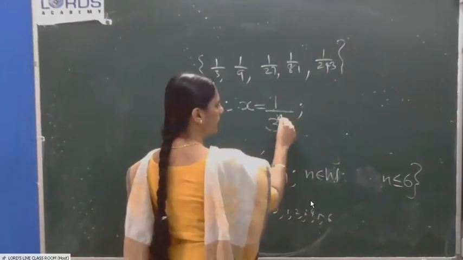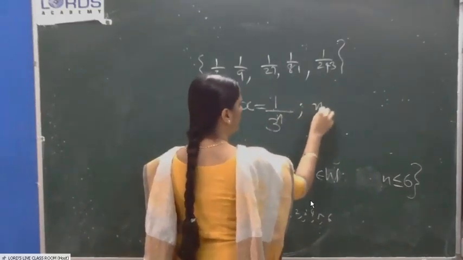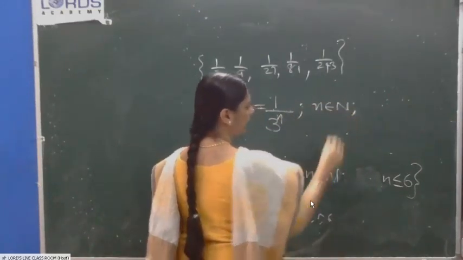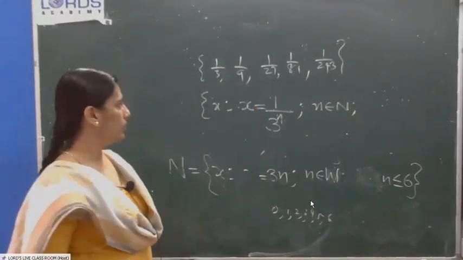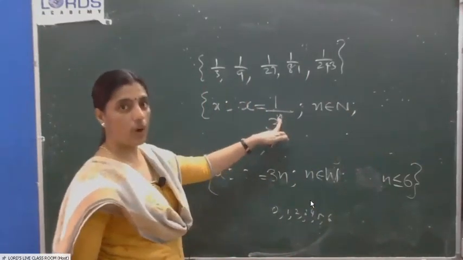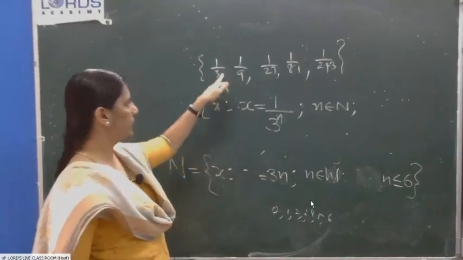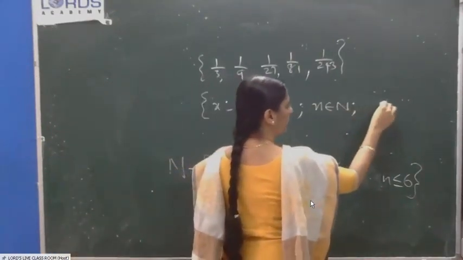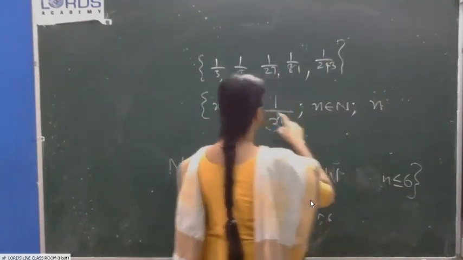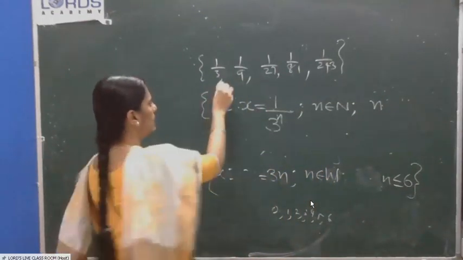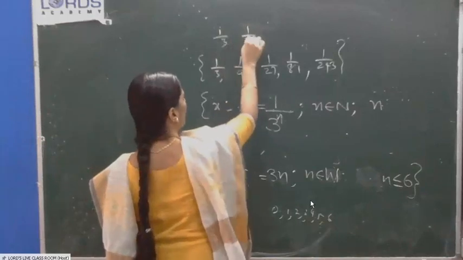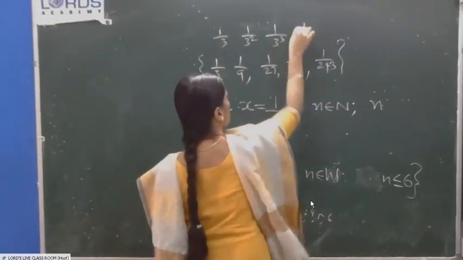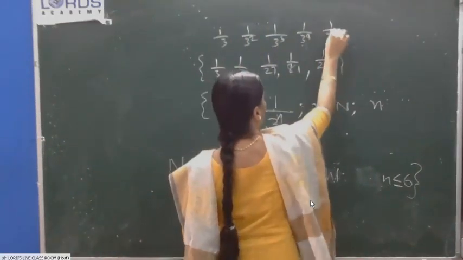Now you will tell the speciality of n, where n belongs to natural numbers, 0 is not coming. So natural numbers, n starts from 1, 1 by 3 raised to 1, 1 by 3. But which all n we have to take? This is 1 by 3, this is 1 by 3 square, this is 1 by 3 cube, this is 1 by 3 raised to 4, this is 1 by 3 raised to 5.